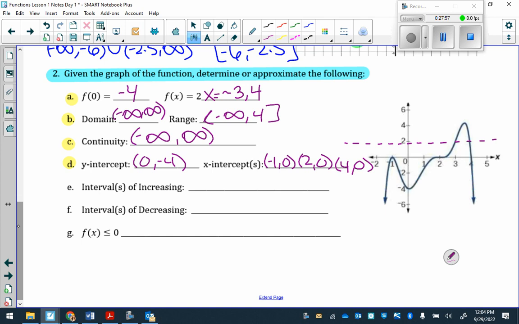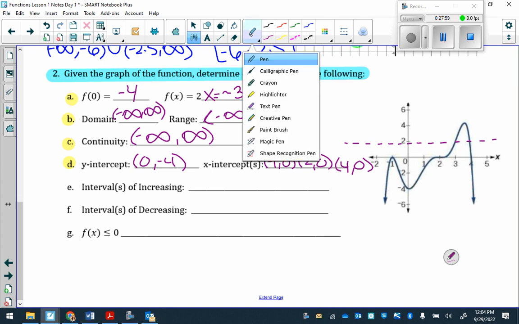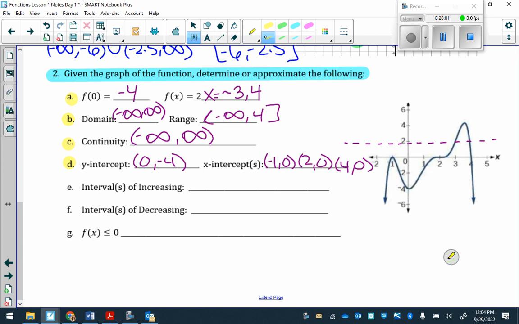So if we go across, from here to here, what's happening? Increasing. And then from here to here, increasing.